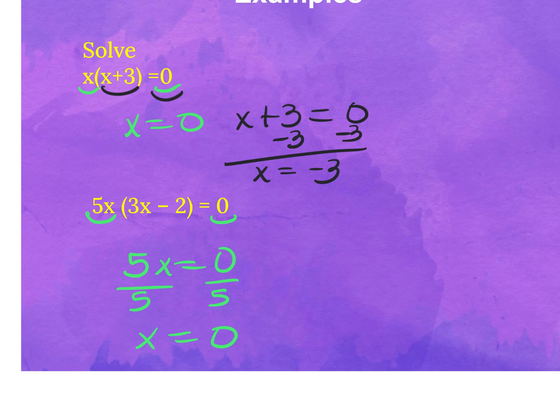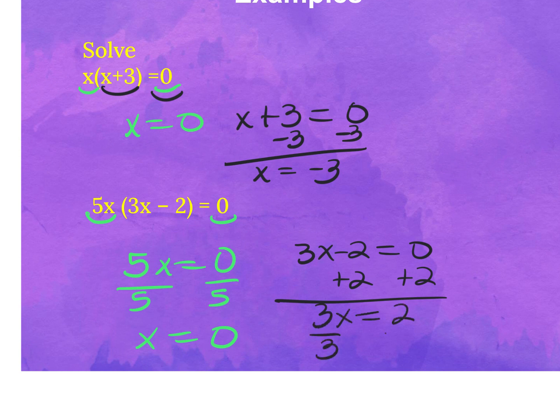If 0 were in the denominator, if you were trying to divide by 0, that would be undefined. And then take the second term, the 3x minus 2, set it equal to 0. So I'll add 2. 3x equals +2. Divide by 3.